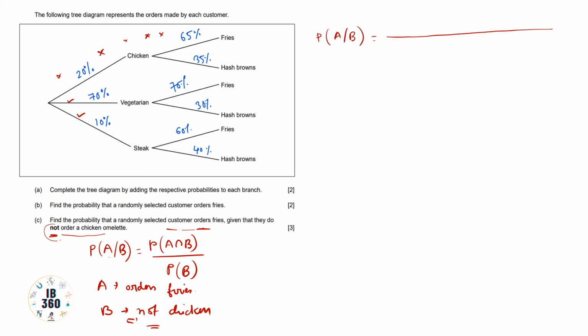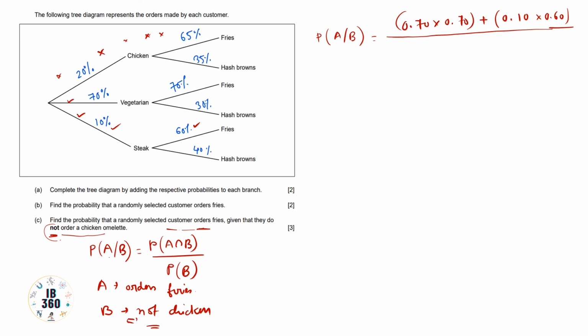So the numerator will be 0.70 into 0.70 plus 0.10 into 0.60. This is the first portion. And for P of B, that is not chicken, this complete chicken branch will be omitted.